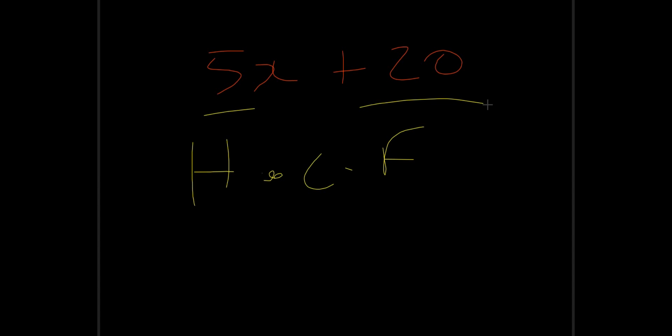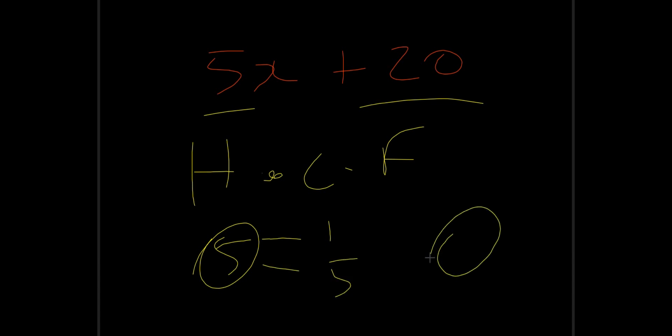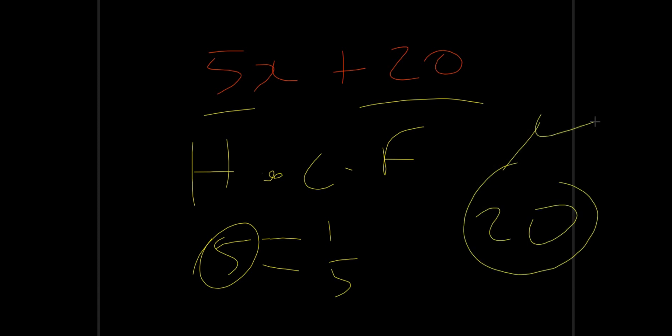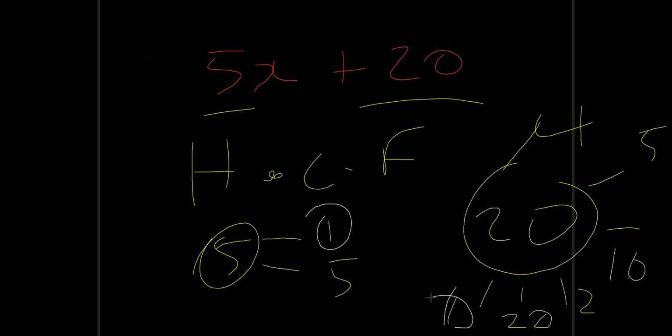Well, we could do a demonstration. What are the factors of 5? 1 and 5. What are the factors of 20? The factors of 20 are 4, 5, 10, 2, 1, and 20. We don't have any more. But if you look at all the factors that they share: 1, 5.